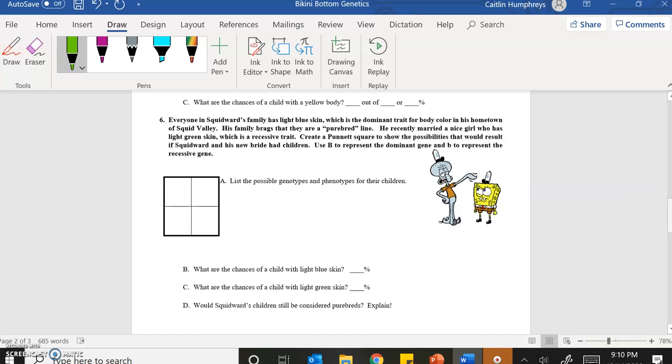Number 6, everyone in Squidward's family has light blue skin, which is dominant. So we know light blue is dominant. His family brags that they are purebred. He recently married a nice girl who has light green skin, which is recessive. So we know Squidward, it says purebred, so he has to be homozygous dominant. And the girl he married has to be homozygous recessive. So we have to do a homozygous dominant with a homozygous recessive.